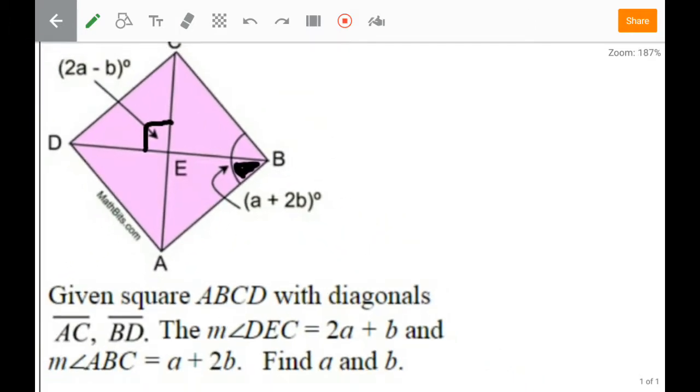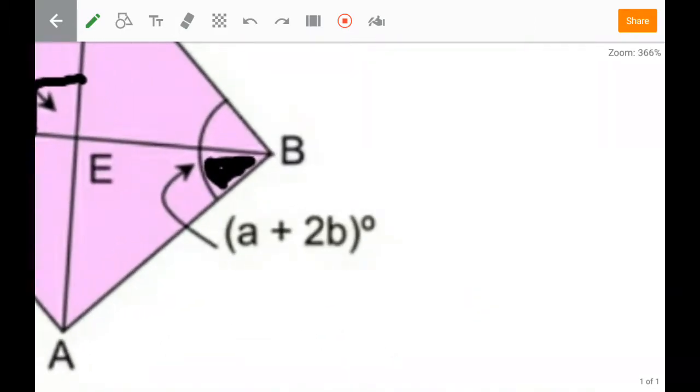Okay, what's unique about that portion, going back to the diagonals, remember, these are the diagonals. The diagonals bisect opposite angles. So remember how each corner of a square is worth 90 degrees. And because of this diagonal bisecting this angle, it splits 90 degrees in half.